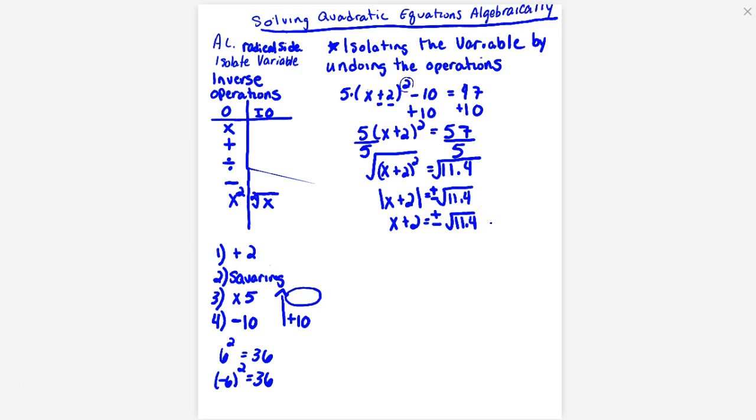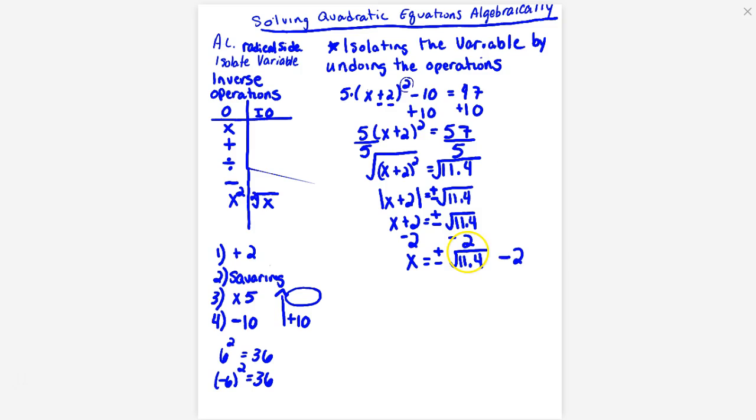You guys did the quadratic formula last year, so this should look familiar. Then our last step is subtracting 2 from both sides. Now, this looks crazy, but my answer is just going to be plus or minus the square root of 11.4 minus 2.